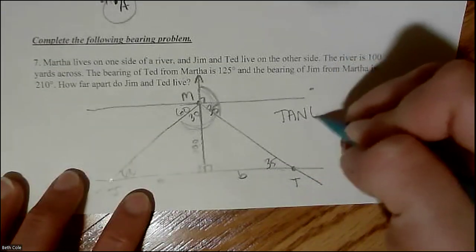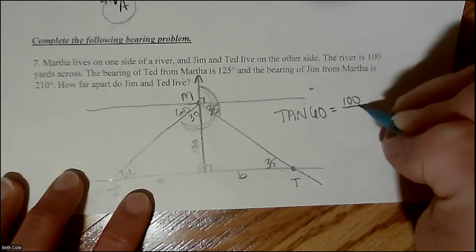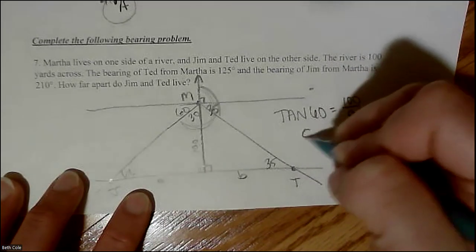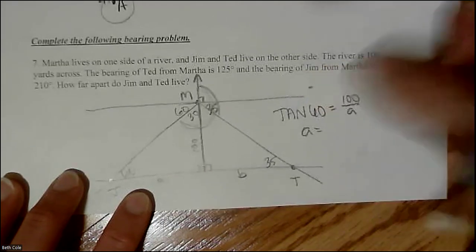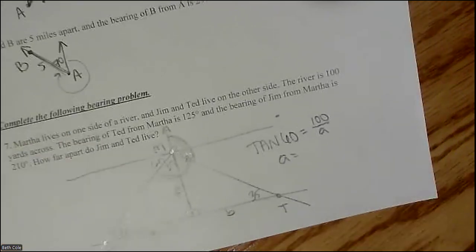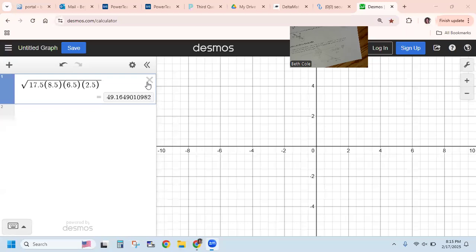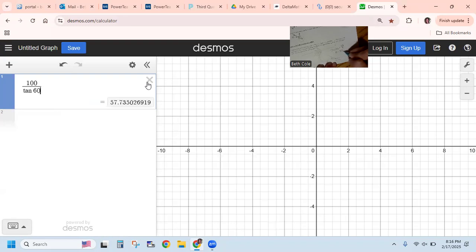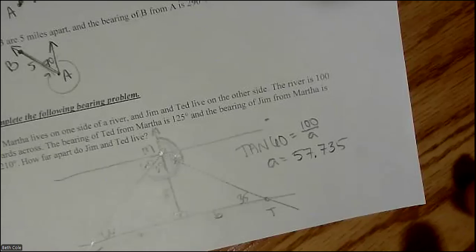So we're going to have tangent of 60 equals 100 over A. So the way that you would type that in is 100 divided by tangent of 60. So that is 57.735. And to make the calculator store that for me, I'm just going to write A equals so that I can do a copy paste.